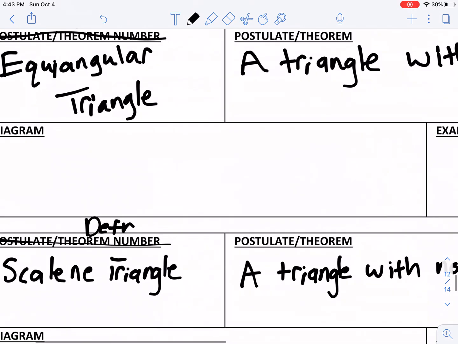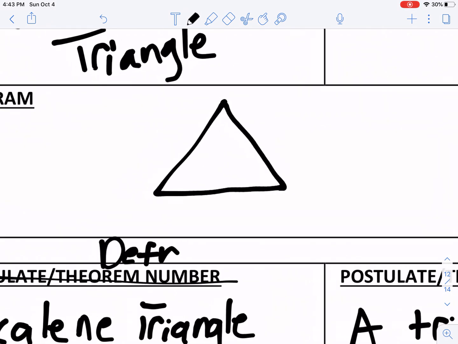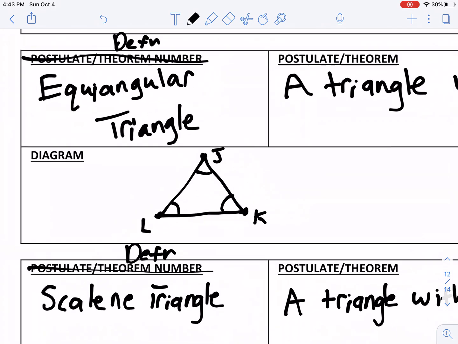For instance, I have this triangle here. Let's try to do that a little bit better. That looks a lot closer to an equiangular triangle. So we have L, J, and K. What they're saying is each one of these angles has the same measure.